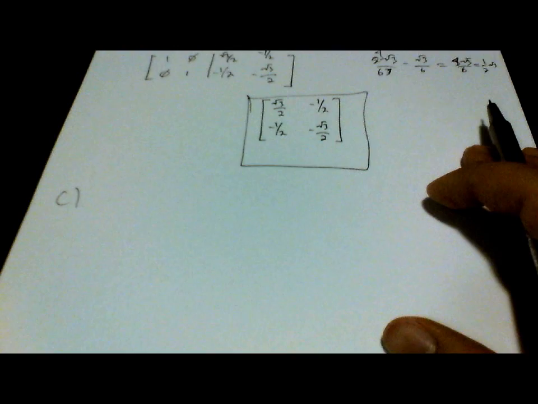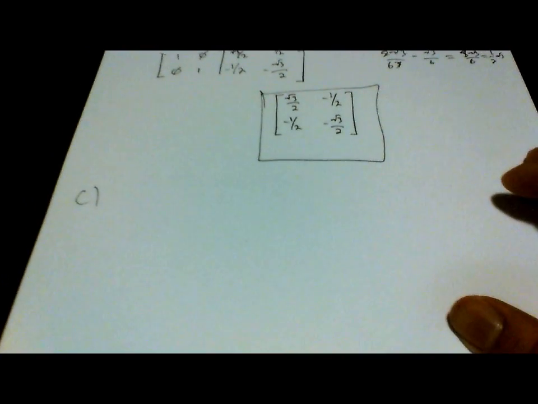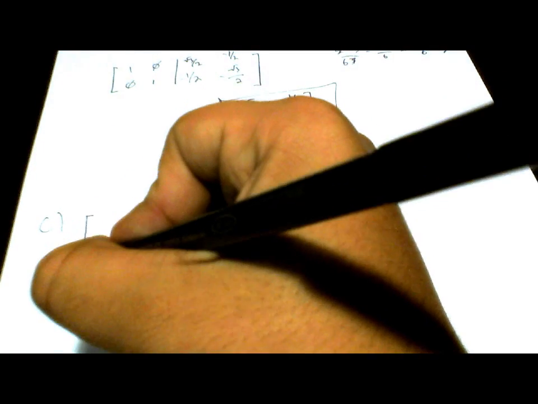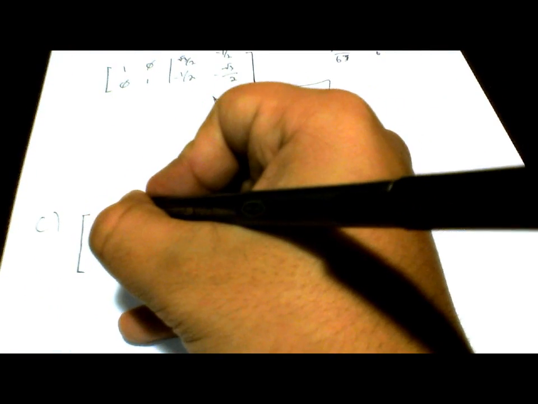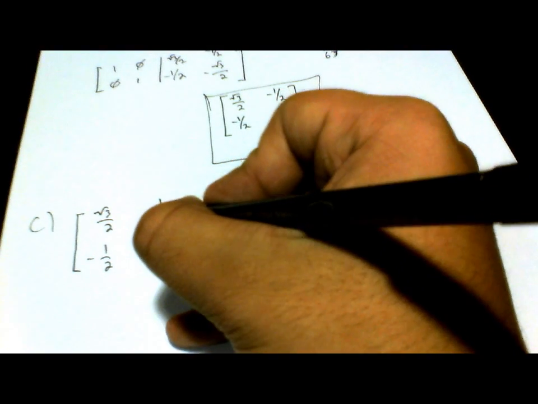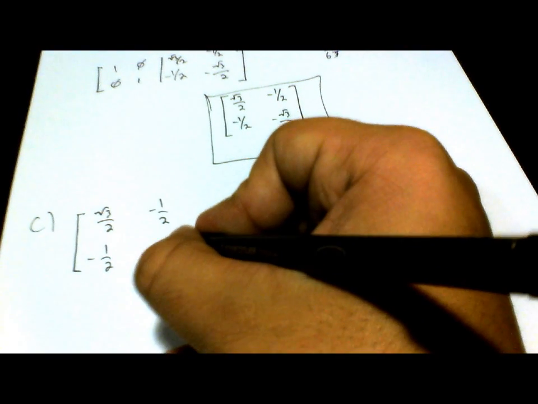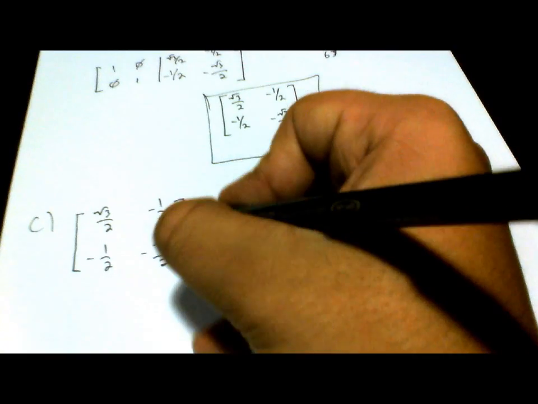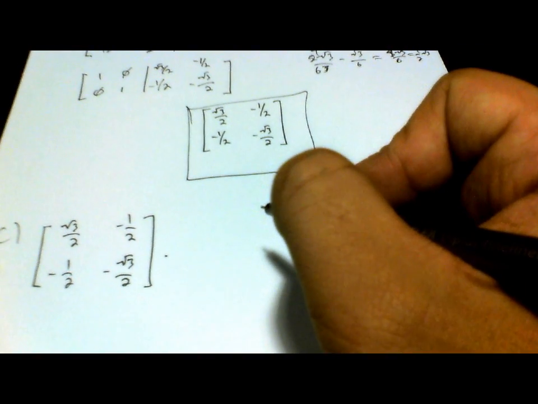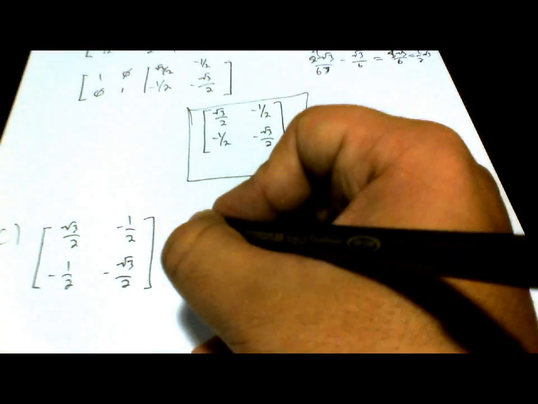But just in case it's a bit confusing if you explain it like that, I'm just going to show you the obvious way of taking the determinant. So, root 3 over 2, negative half, negative half, negative root 3 over 2. So this is going to be times the projection matrix, which is half.